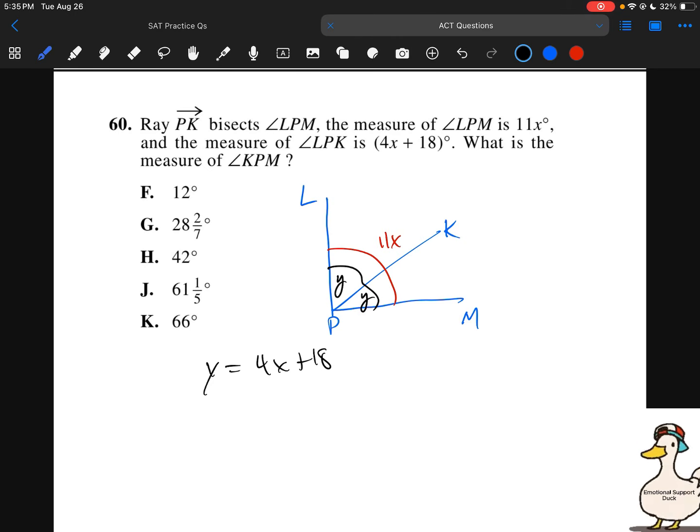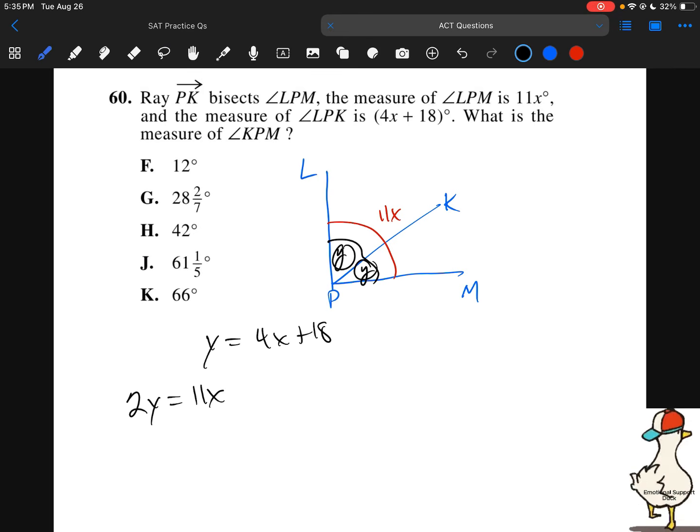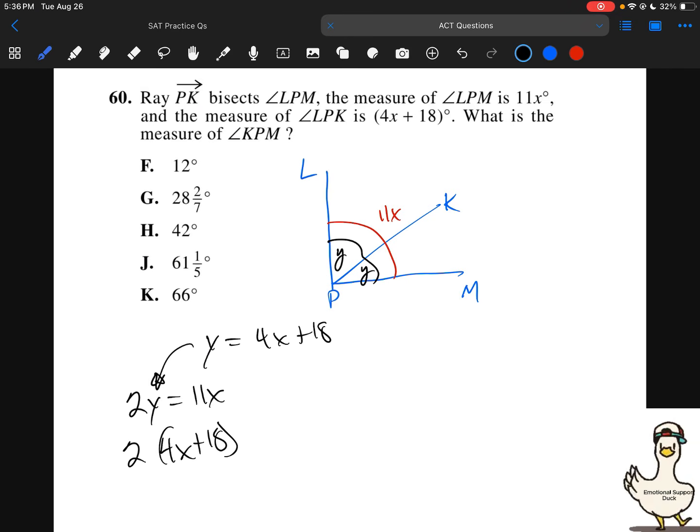We know KPM is just going to be 4x plus 18, but we need to solve for x. So we know that 2y is equal to 11x, because y here and y here, if you add them together, you get this bigger angle. With that being said, we can say that 2 times 4x plus 18, substituting in this y here, is equal to 11x.